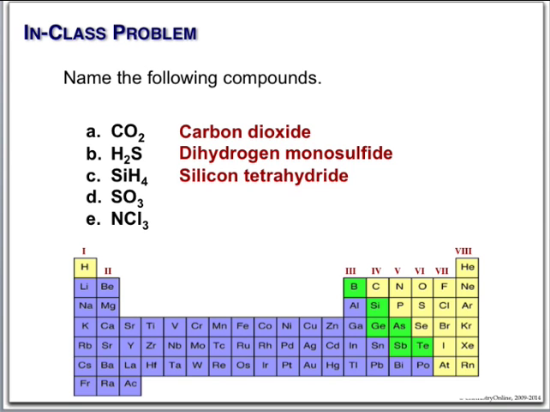One sulfur, 3 oxygens. First word is sulfur. Multiplier for 3 is tri. Sulfur trioxide. 1 nitrogen. 3 chlorides. Nitrogen trichloride.